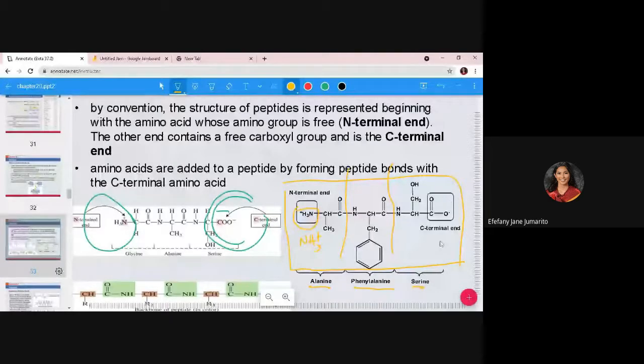Then the C-terminal should be negative, COO minus, because an amino acid is like this: NH2, then COOH, then the R, and then the H. When you draw that in a polypeptide, the N-terminal must have a free proton and a positive charge, and the C-terminal must be negative, just like this one.